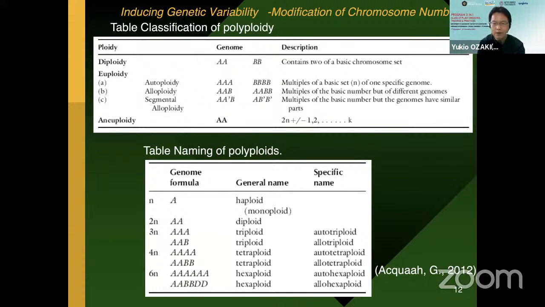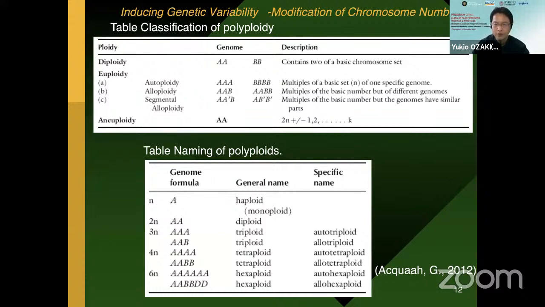The state of having multiples of the basic set in the somatic cell in excess of the diploid number is called polyploidy, and the individuals with such cells, polyploids. Polyploids are euploids.